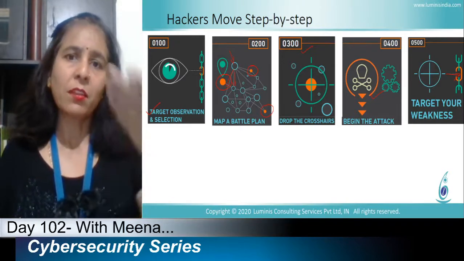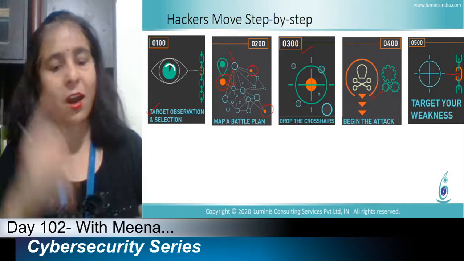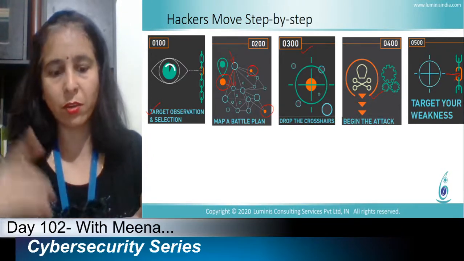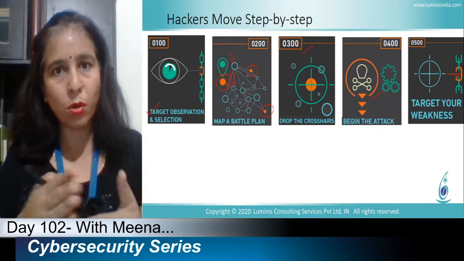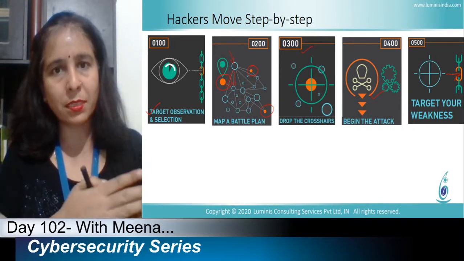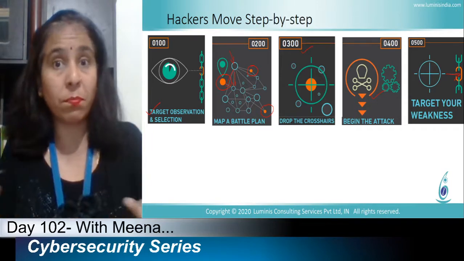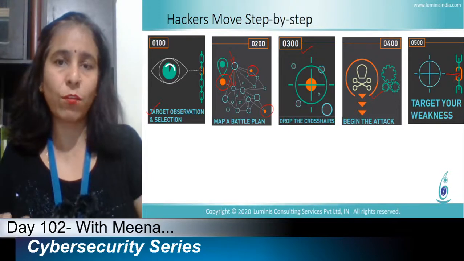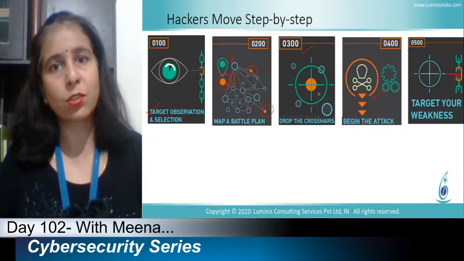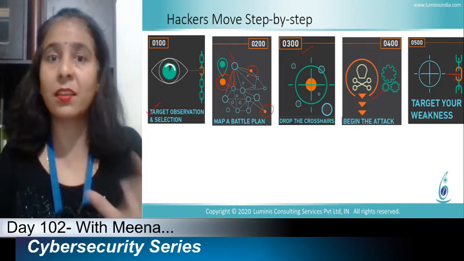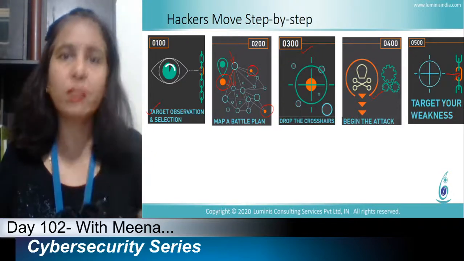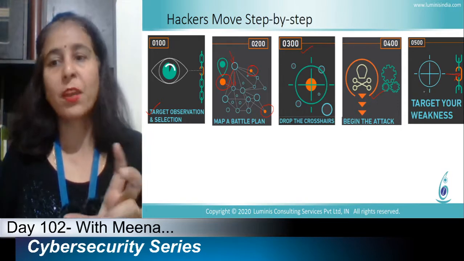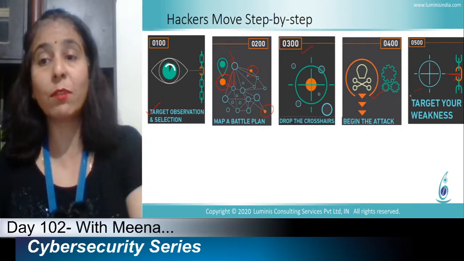It can be a vulnerability in the application, a vulnerability in the hardware or software, loopholes in the security implementation, or systems that haven't been patched for new updates. It can be anything. They try to find out what is easy for a hacker to crack. Okay, after finding the weakness, what will be the next step?